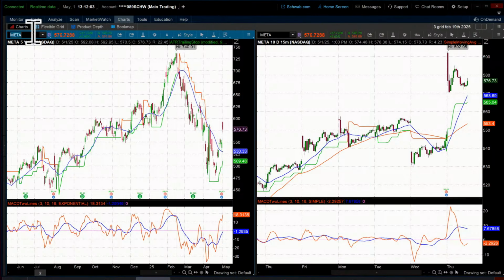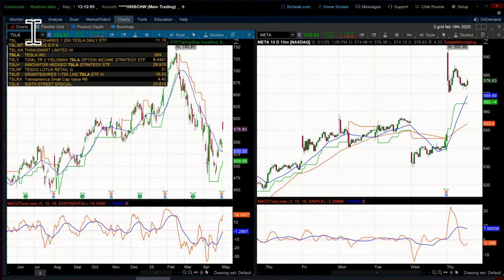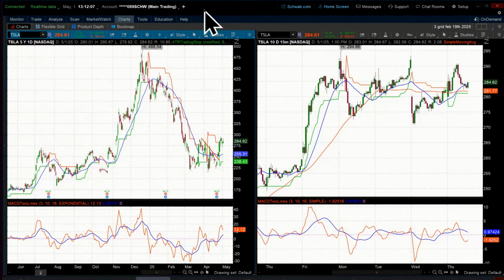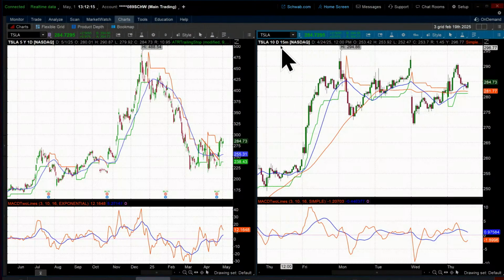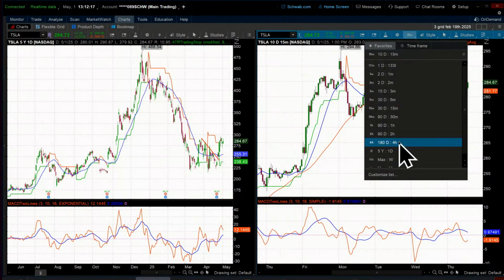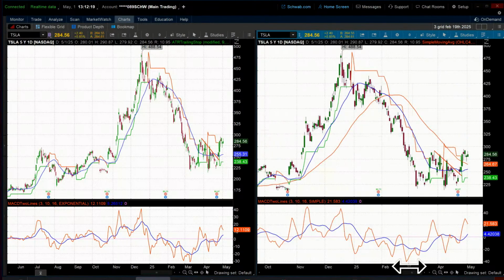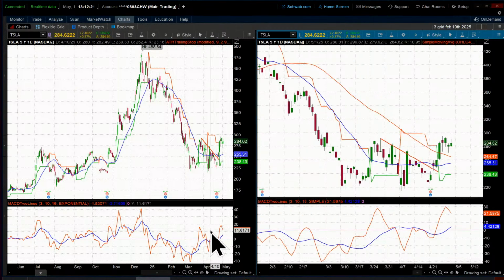So Tesla, what do you do? Well, longer term, it looks pretty good. Looks like a possible bull flag. This is where that MACD comes in. So I'm going to put Tesla on the right, with the MACD on a simple and the MACD on the exponential. You'll see they're very similar.